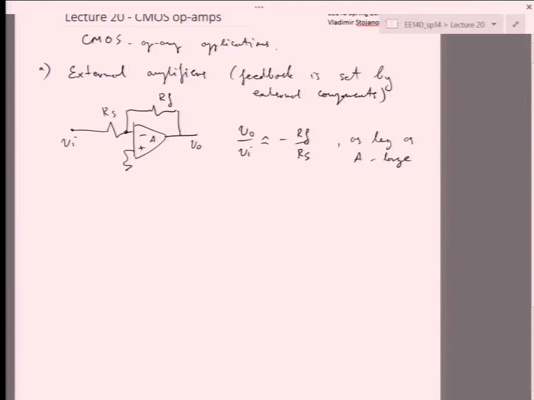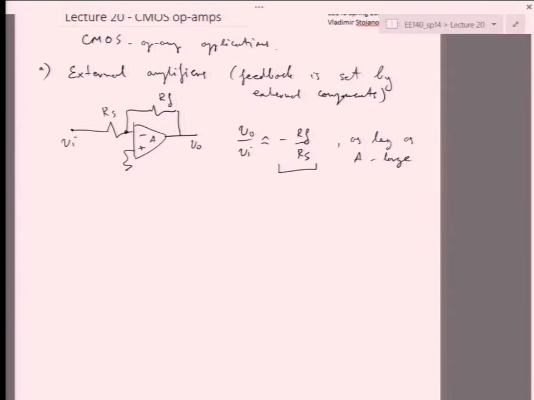In the ideal case, A would be infinity, so V plus would be absolutely equal to V minus, and Vo over Vi would be exactly minus RF over RS. The nice thing is that the gain, to a large extent, does not depend at all on what's happening inside the op-amp.